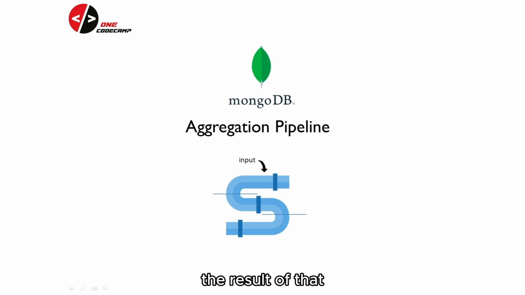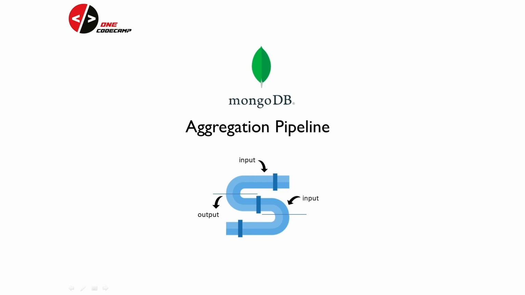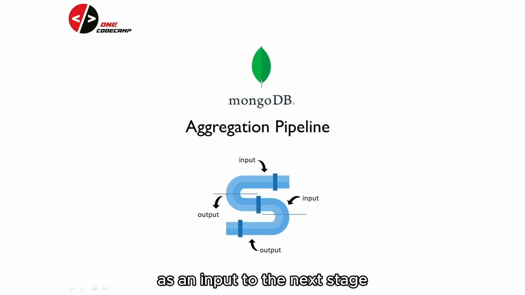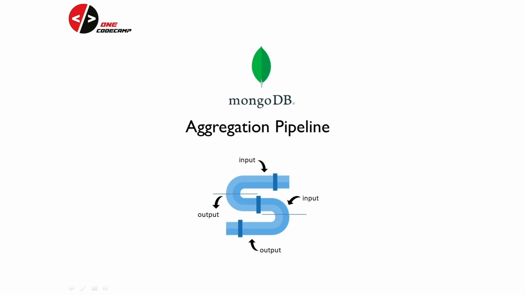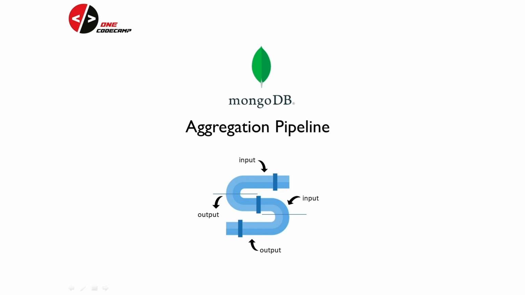The result of that, the output, will be passed as an input to the second stage, and the output of that will be passed again as an input to the next stage, and so on until you get the final result or output.